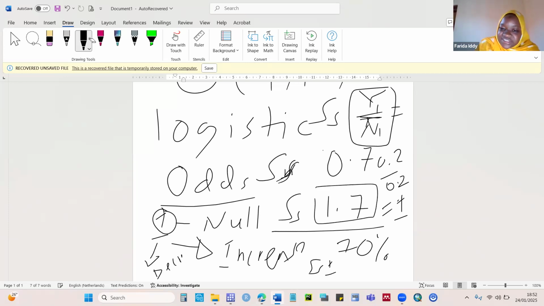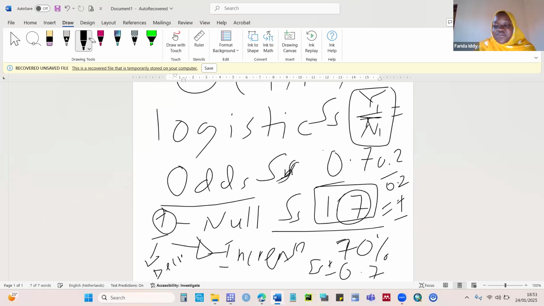But with 1.7, since it is increasing, we can say there is an increase. A value below 1, like 0.7, means a decrease.